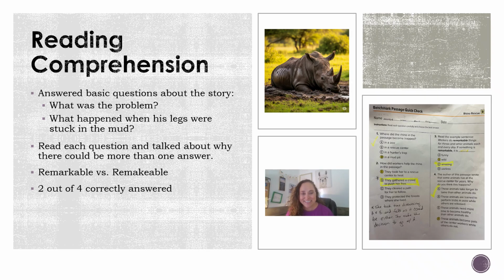I thought was an interesting choice of words as well. And then after that, she read some of the questions silently, and one of them, the second one, she read aloud and had some discussion with herself, that there could be two answers here.